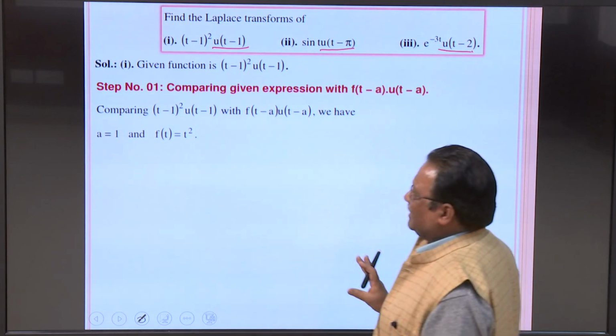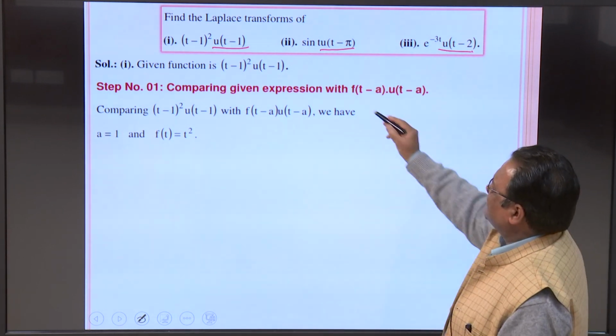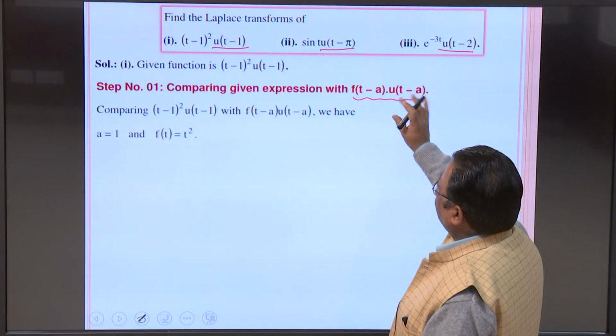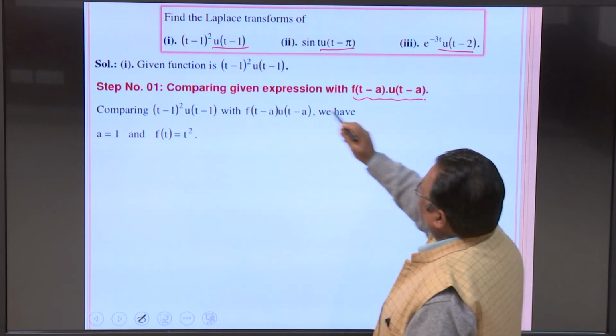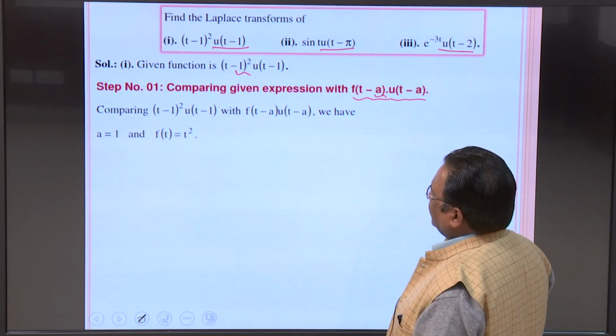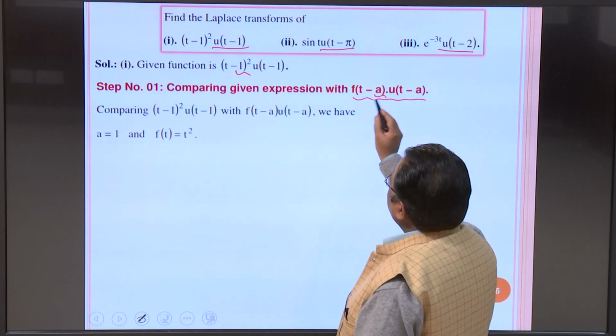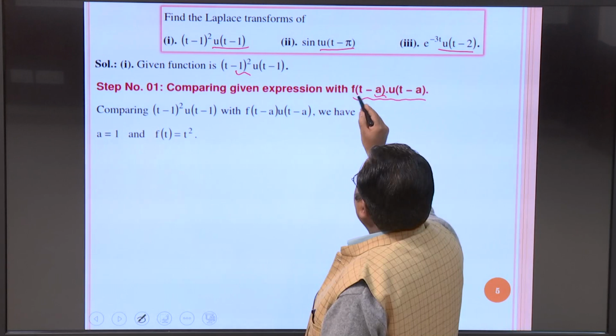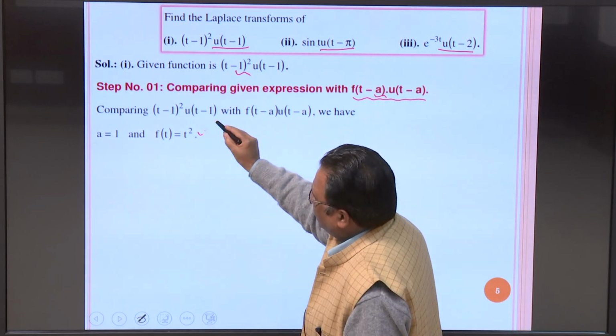Clear? So the given function is (t-1)^2 u(t-1). Step number 1 is comparing the given expression with this standard expression. When you compare, you will get a is equal to 1, right? And what is f(t)? f(t-a) is (t-1)^2, so when we put a as 0, we get f(t) is t^2.